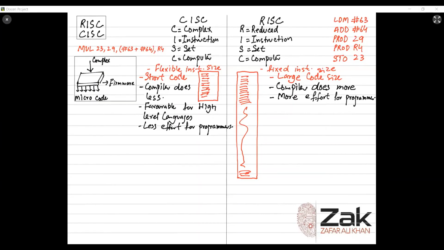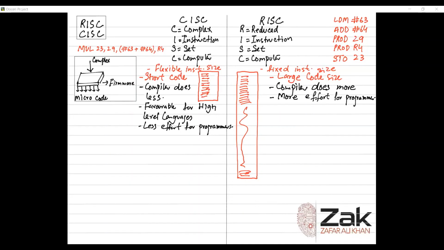Then whatever we write is short code here, and over here whatever we write is larger code. We also discussed it. Over here the compiler does less, because all the compiler does is convert this complex instruction to the binary form, which is still complex. Then the processor, every processor has a firmware. Now what is a firmware?